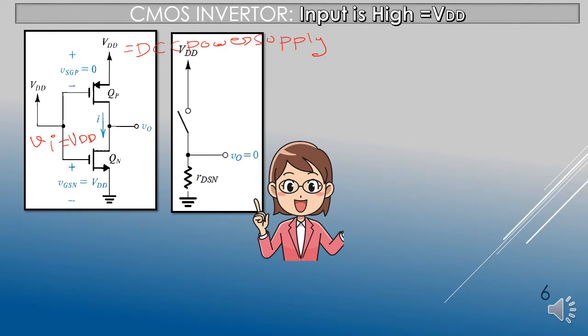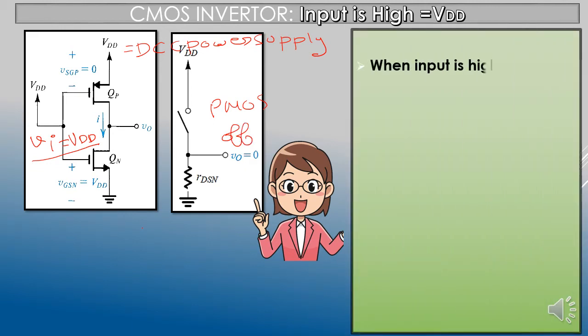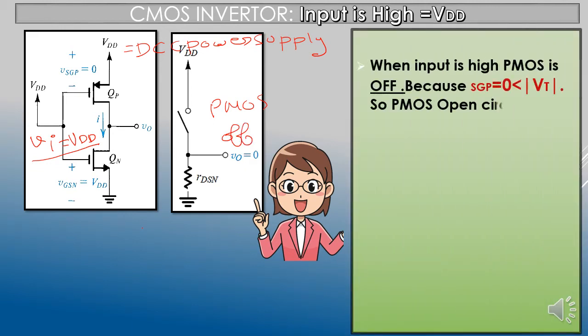When input is high, PMOS is off, because the voltage VSGP is less than the threshold voltage. So PMOS will be an open circuit, because the voltage across PMOS is less than the threshold value.